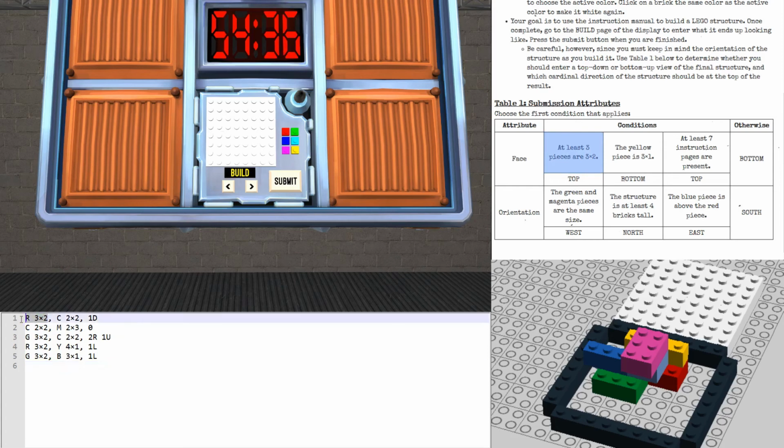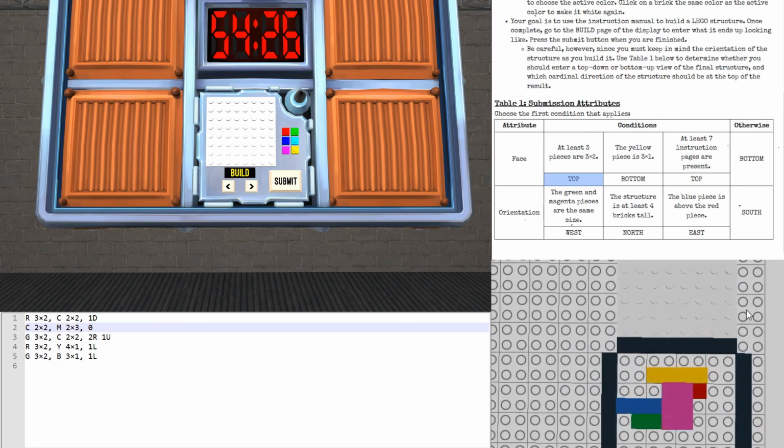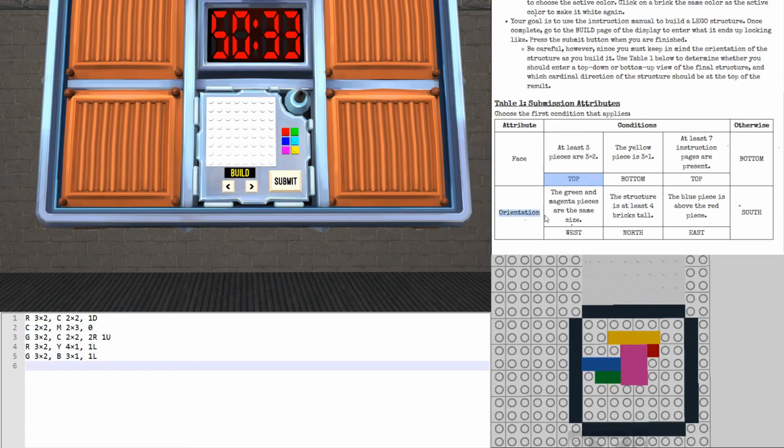We have a red piece, a green piece, and a magenta piece. Remember that 2x3 is the same as 3x2. So this time we're looking at the structure from the top. And as for the orientation, well, the green and the magenta pieces are in fact the same size. Magenta is 2x3 and green is 3x2, which is the same.